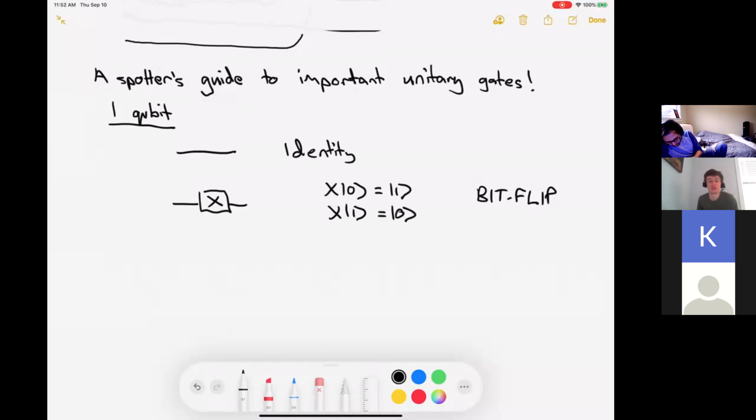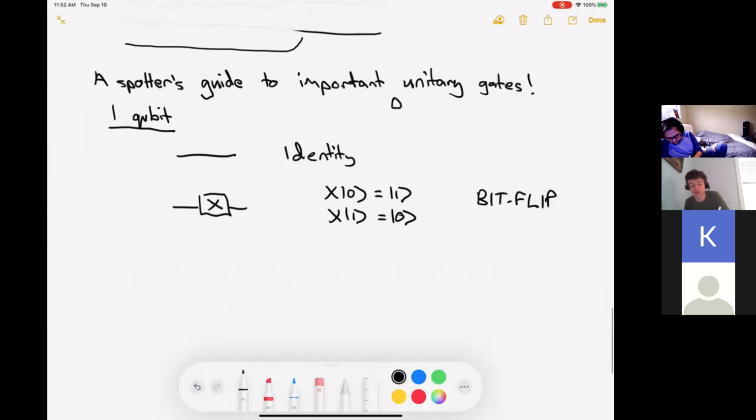There's a very important point here that I really want to emphasize because it's key to not getting very, very confused. Previously we were talking about Pauli matrices as measurement operators. Now we're talking about Pauli matrices as unitary gates.